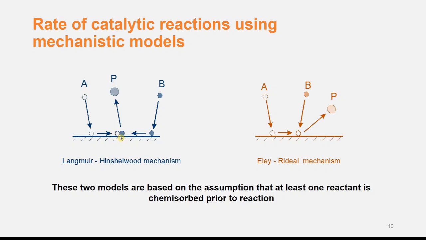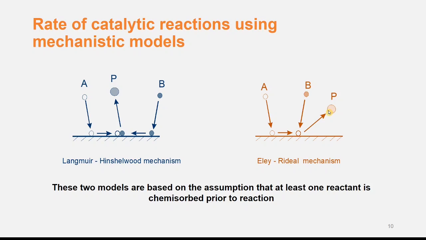So again, two reactants need to be adsorbed. In the Eley-Rideal mechanism, one reactant is adsorbed and the other remains in the fluid. They react when the fluid reactant collides with an adsorbed reactant.